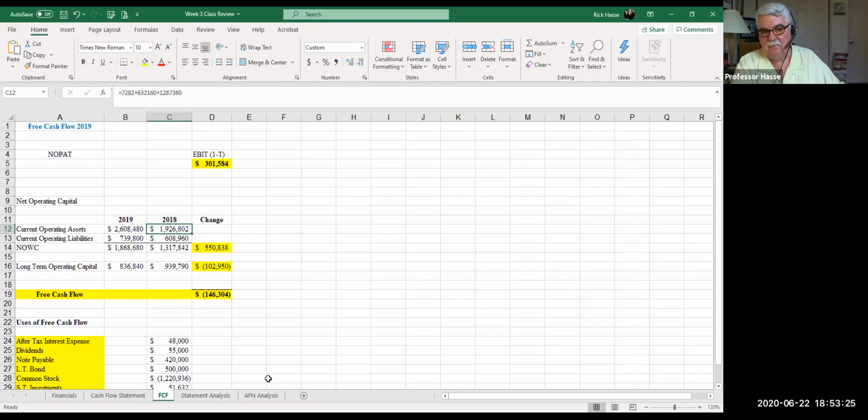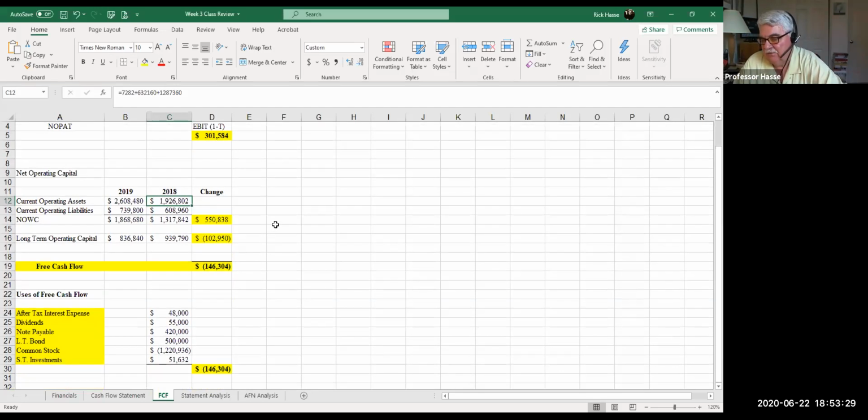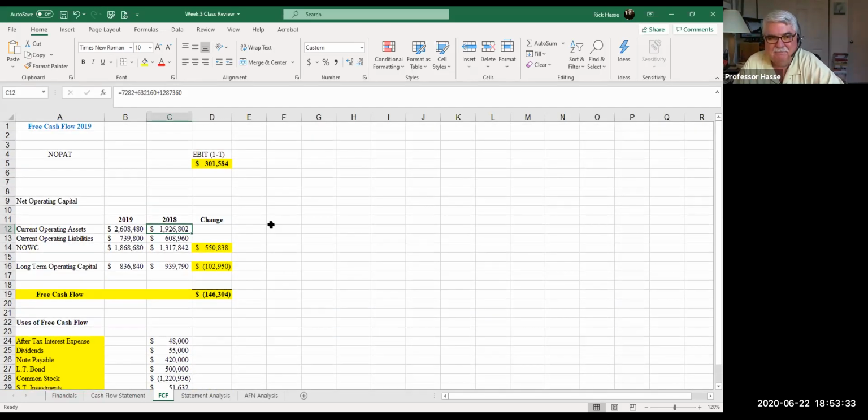The free cash flow of this company is a negative $146,000, which pretty well paints the picture that we're looking at. They had a profit of $253,582, all right?